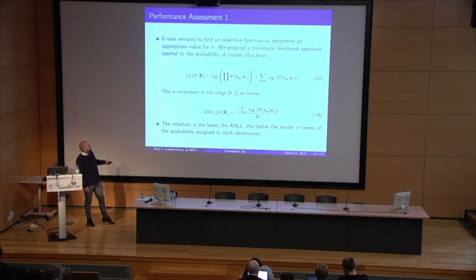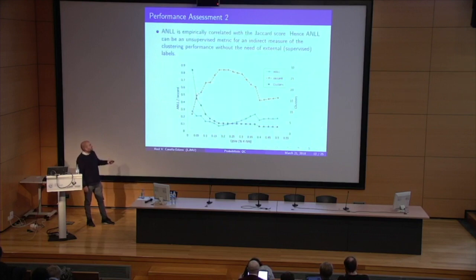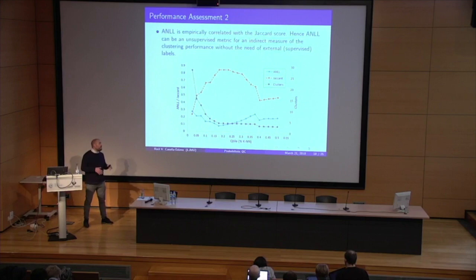The intuition of that score is: the lower the average negative log likelihood, the better the model in terms of the probability assigned to each observation. Here we can see how that local minimum matches perfectly with the best solution if we knew the true labels. So it's an unsupervised tool to define the best length scale that fits our data.